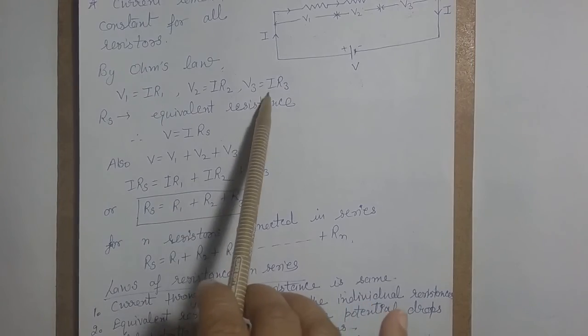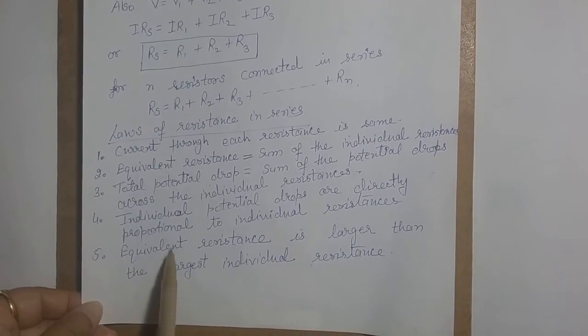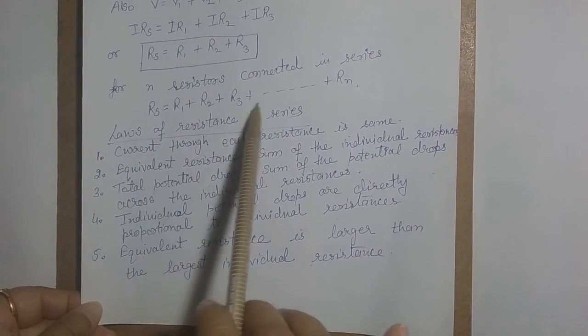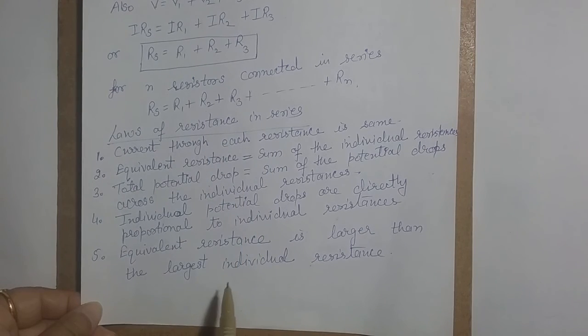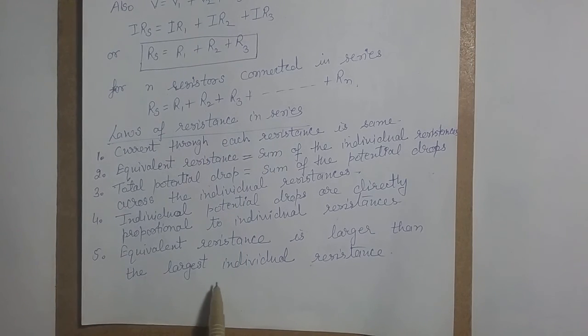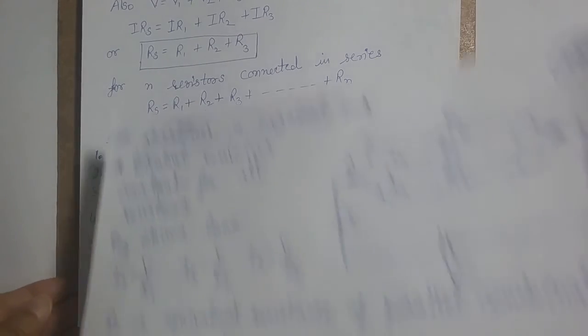And the equivalent resistance is greater than the individual resistances, so this equivalent resistance is larger than the largest individual resistance. So this is the series combination of resistors.